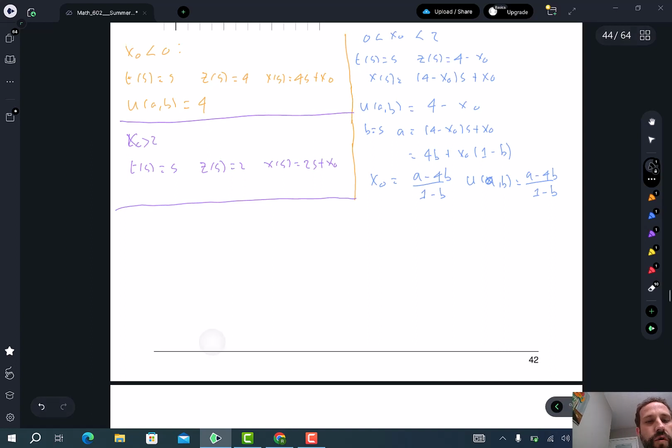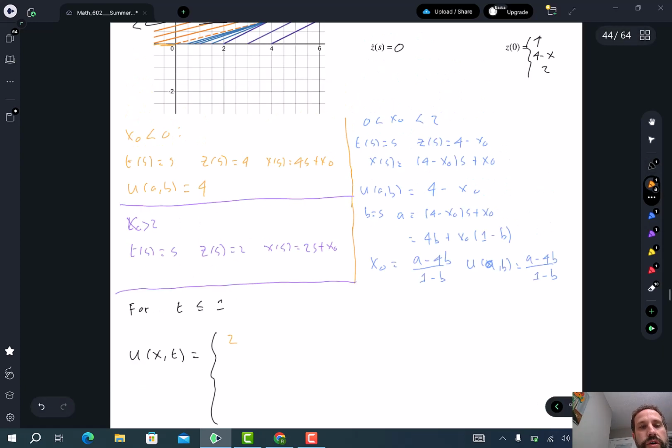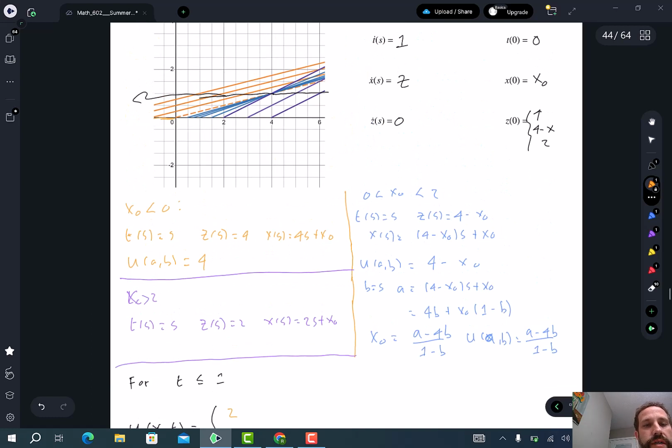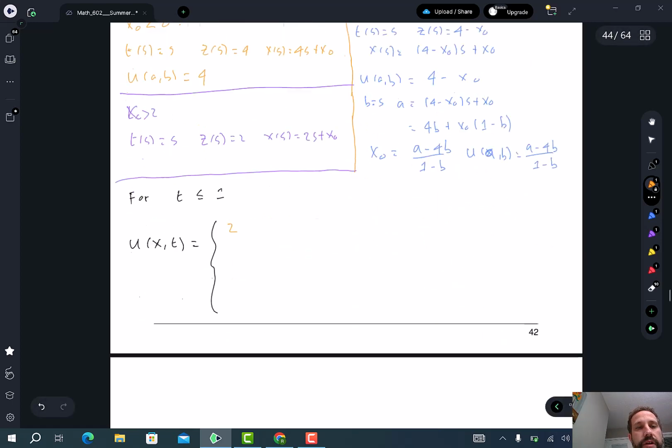And so for t less than or equal to 1, we can write u of xt will be equal to the following. It's going to be equal to 2 in this upper part. So the equation for that dashed line is t is equal to x over 4. So this region is t is greater than or equal to x over 4. So this is going to be x less than or equal to 4t.